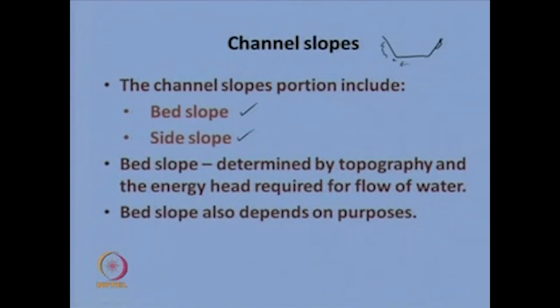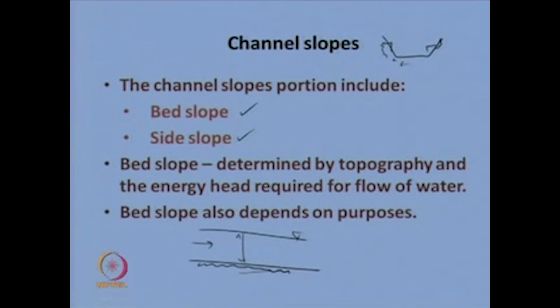Say, if the channel is like this, carrying water at uniform flow depth, this is the longitudinal view, flow is occurring. Then the slope of the bed is called bed slope. The slope of the sides of the channel, as given here, is called side slope.